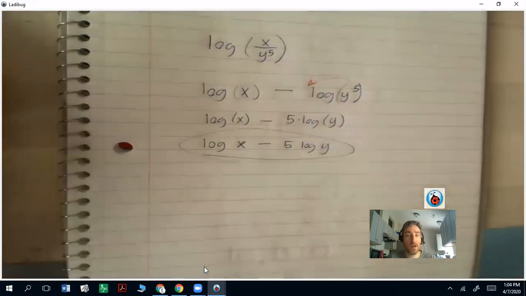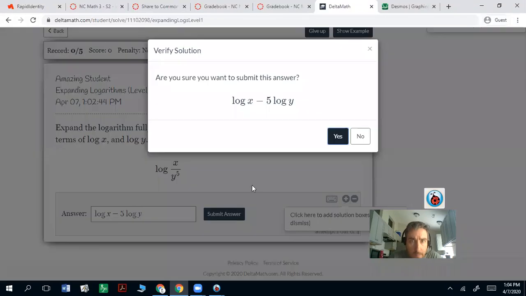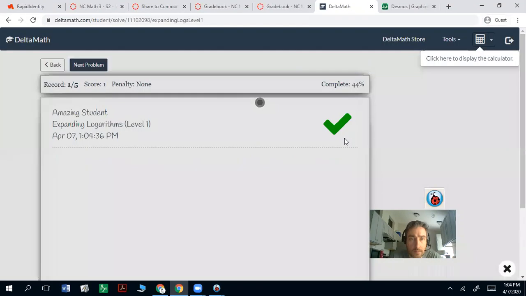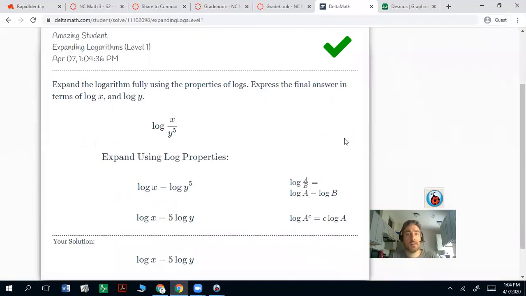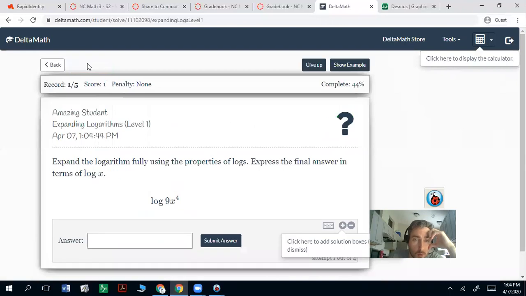Log of x minus 5 log of y. Nice. And it's going to show it worked out too if you get it wrong, so no big deal. Let's do one more.